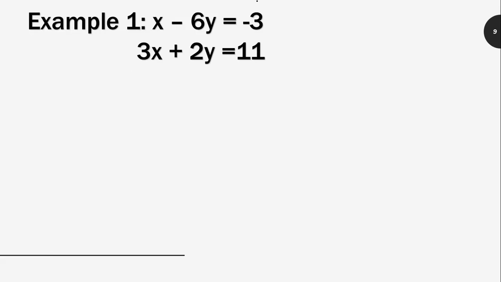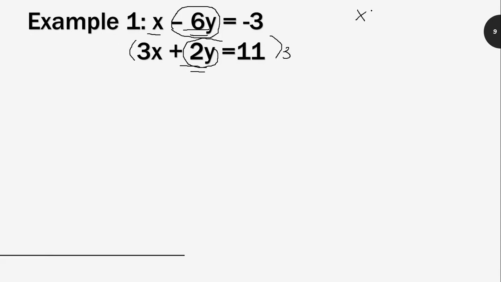So dito, kung gusto mo ay si x ang unang hahanapan ng value, we have to eliminate muna si y. Okay? So negative 6y and positive 2y. Think of a number. So ang opposite po ni negative 6y is positive 6y. So paano natin magiging positive 6y to? So kailangan natin mag-multiply ng 3. Okay po. So multiply that by 3.